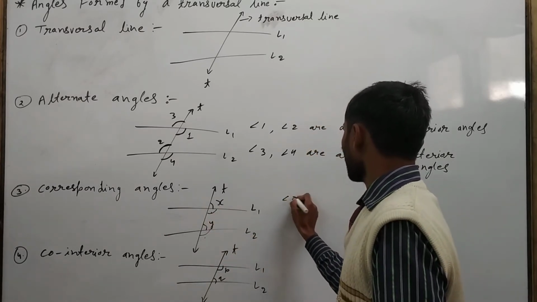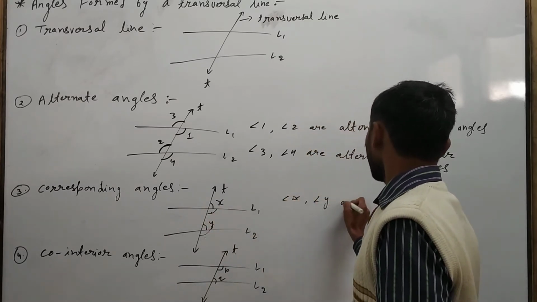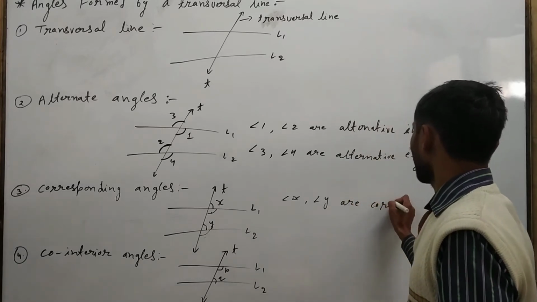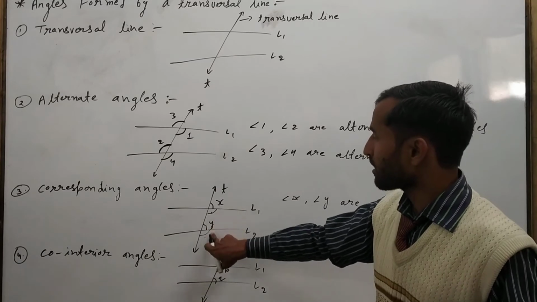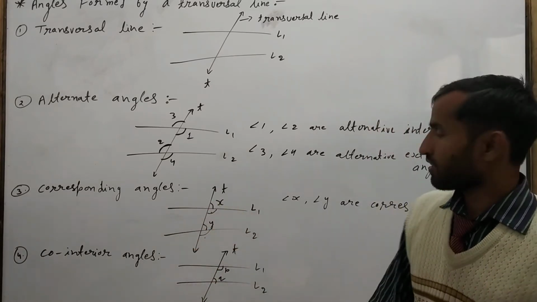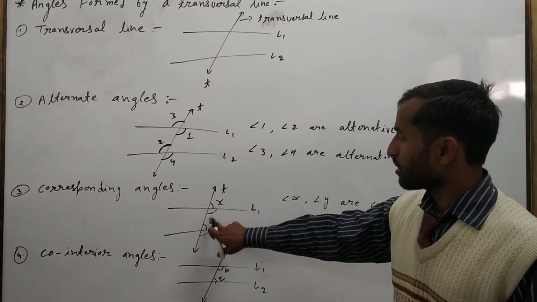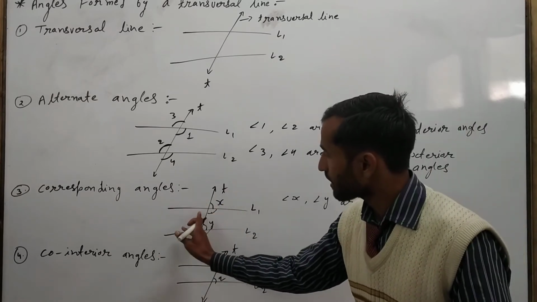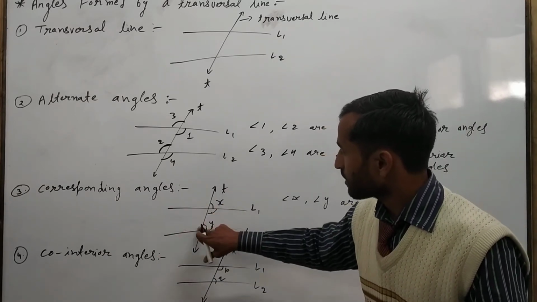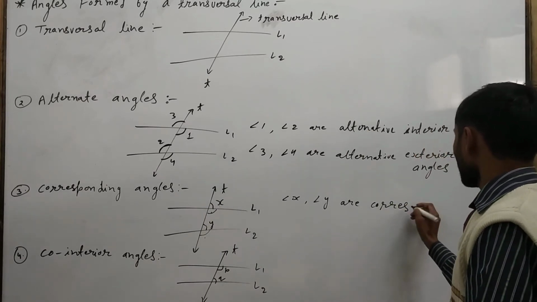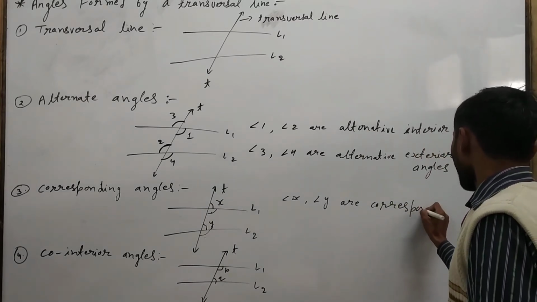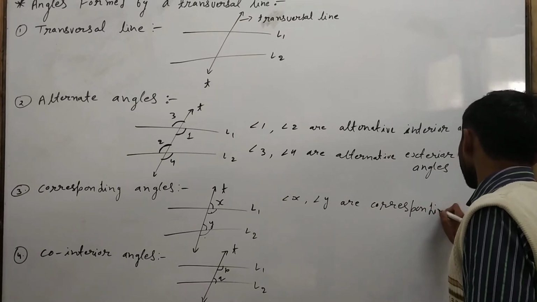So angle x comma angle y are corresponding angles. There are four pairs of corresponding angles. One pair this one, and two pairs this side also, this angle and this angle. So these are called corresponding angles.